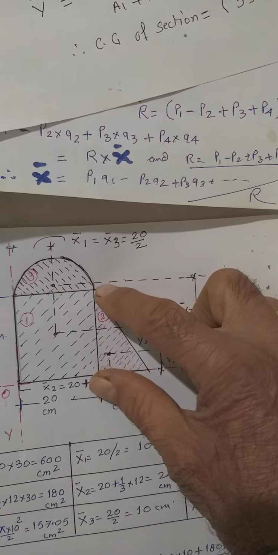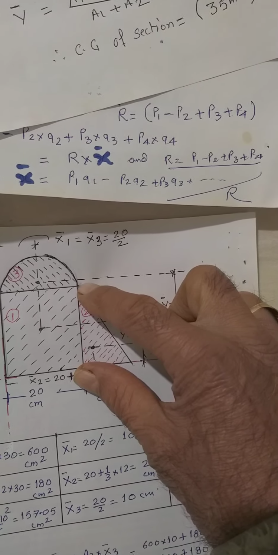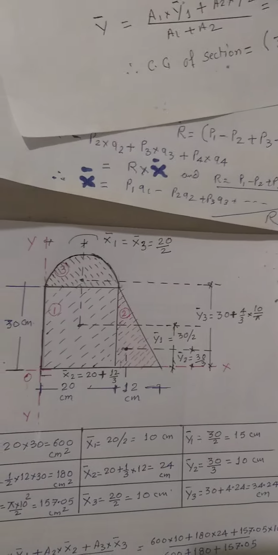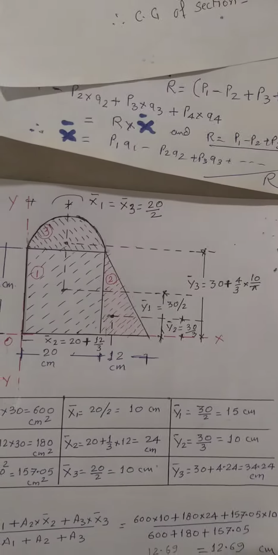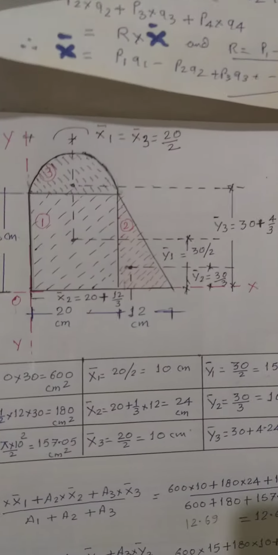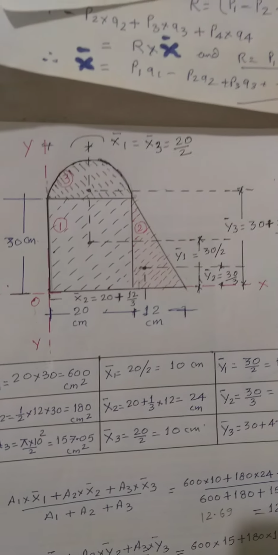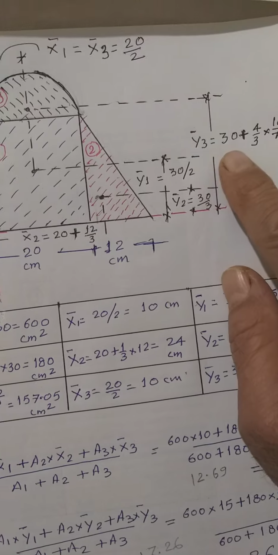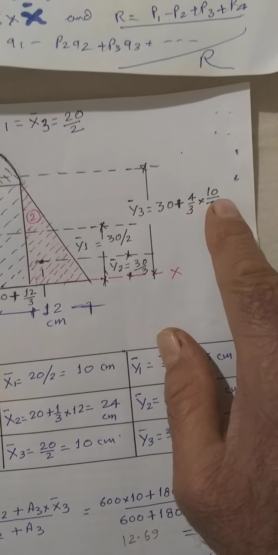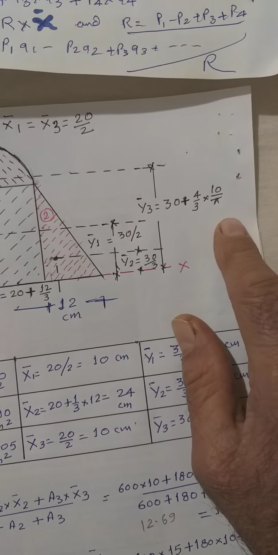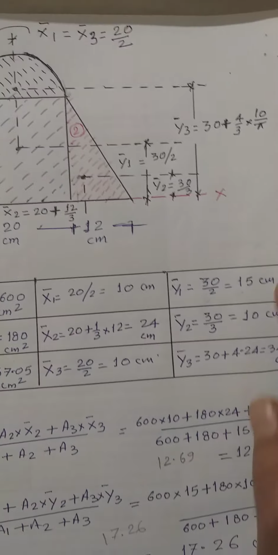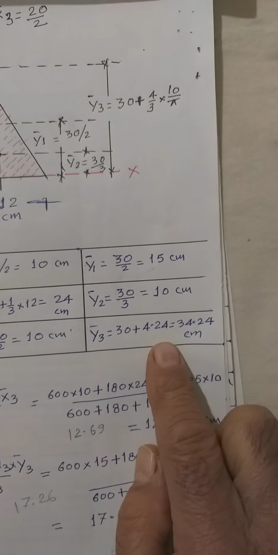So this is 30, plus this much distance, which is 4 by 3 into R by pi, that is, 30 plus 4 by 3 into R by pi. And this value we call Y bar 3, and this is written over here.